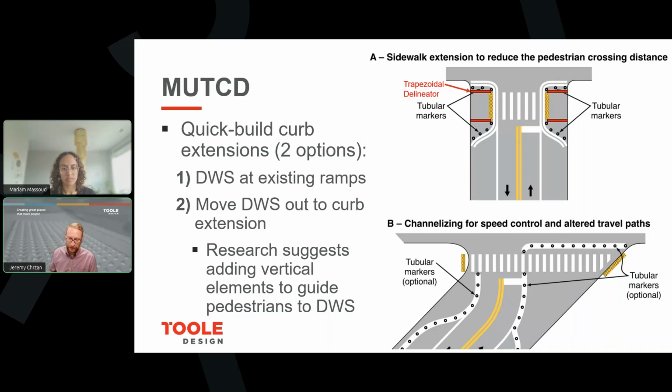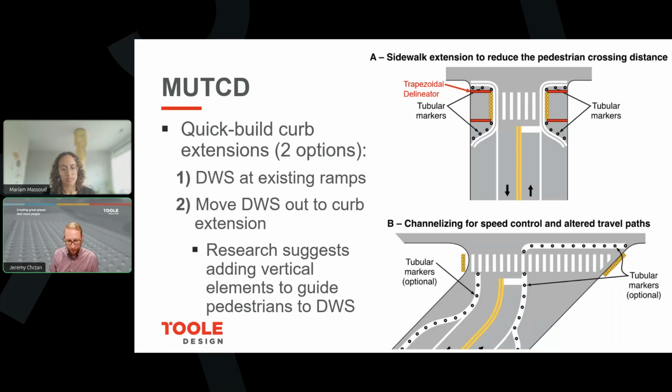The challenge with doing that, though, and the example on the bottom right is a good example of why that's not a good idea, is that a pedestrian with a vision disability would be waiting on the right-hand side of that crossing back at the curb line, because that's where the detectable warnings are located. And so that's where they would be waiting to hear whether they get a gap in traffic. So the other option is to actually pull the detectable warning surfaces out to the edge of the travel lane.